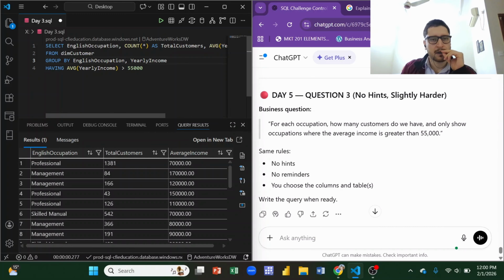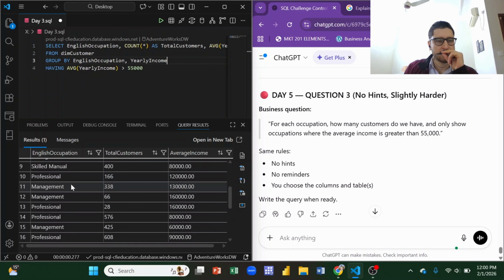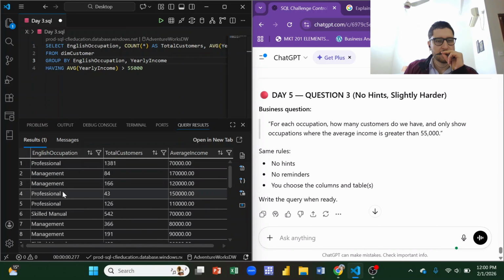After that error, we learned where our mistake was, so we went back to the drawing board. The query remained the same. We just changed the yearly income from the average yearly income into just yearly income. So we got the results: occupation, professional, management.